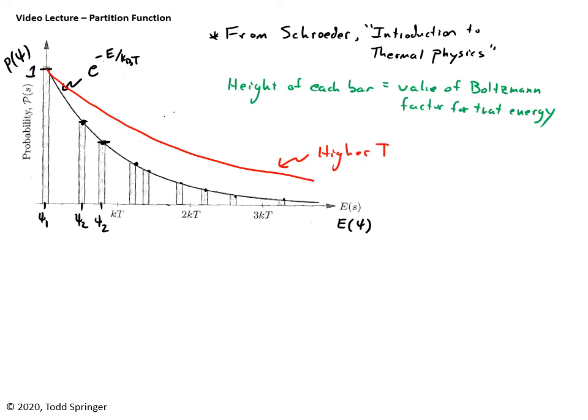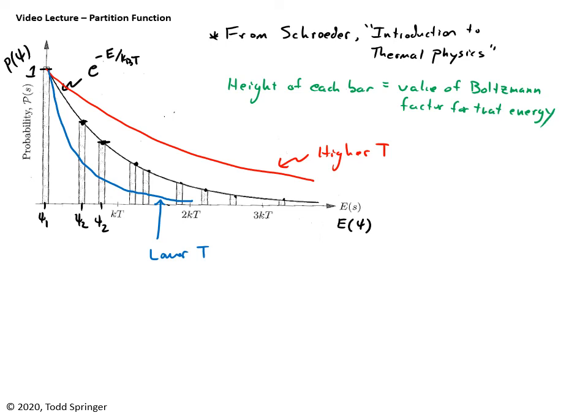Because at a higher temperature, you're more likely to be in some of the higher states because there's more thermal energy around to use to get to the higher states. So the value of the temperature controls how quickly this thing falls off. If the temperature is very low, if I drew something really steep, something like that, that would be a lower temperature. So high temperature, low temperature.